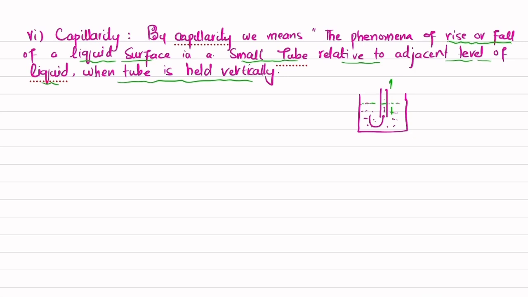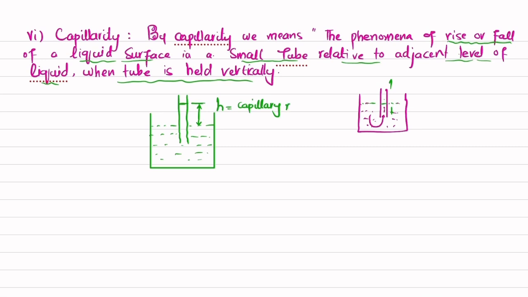So what will happen if you take this container and place this tube in it, and let this be the level of the fluid in the container. If the level in this tube goes upward, the difference between these two levels is known as h, and that is known as capillary rise.